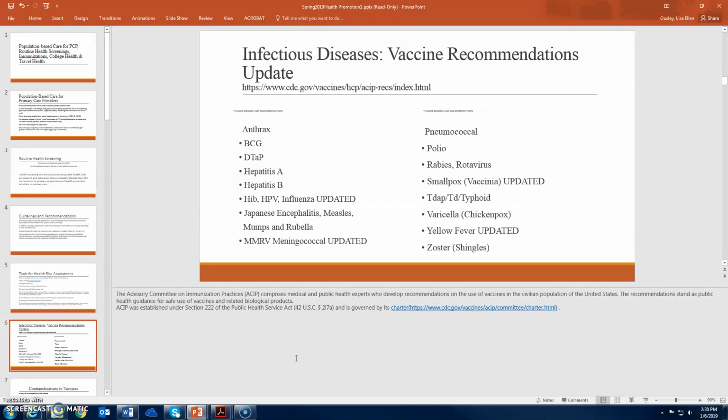The next several slides look at immunizations, and I'm not going to read those slides to you. You have to know what immunizations are required for the population you're treating, or are available, required and available, and which ones are appropriate.